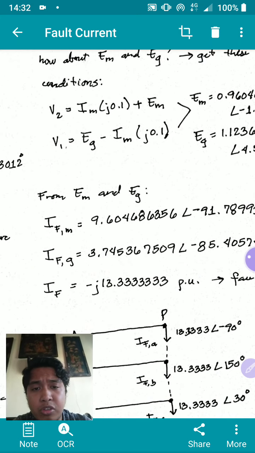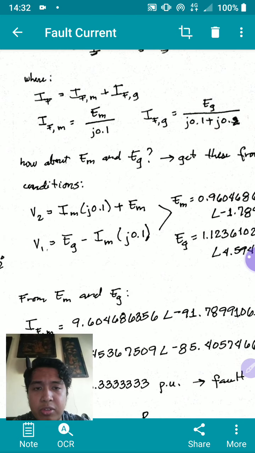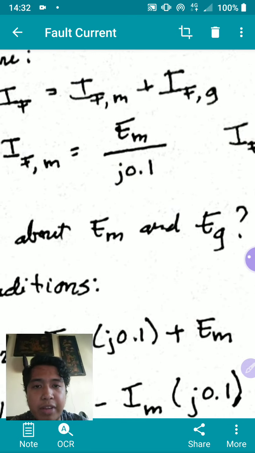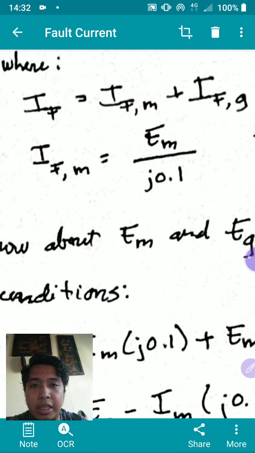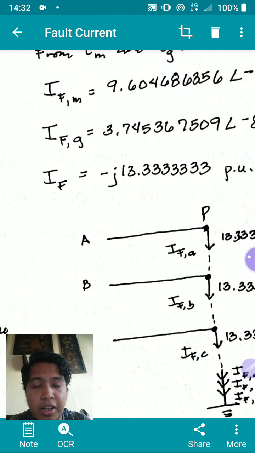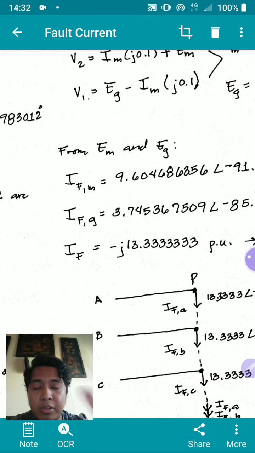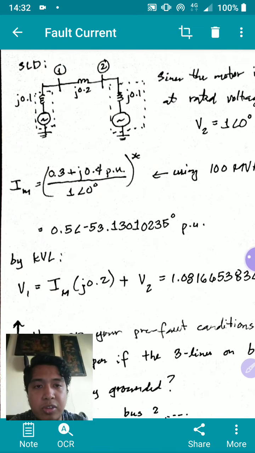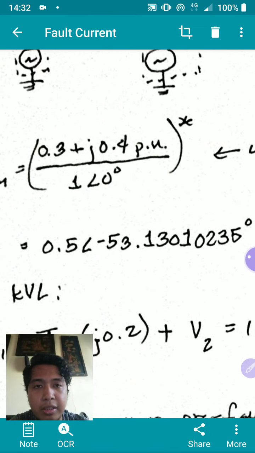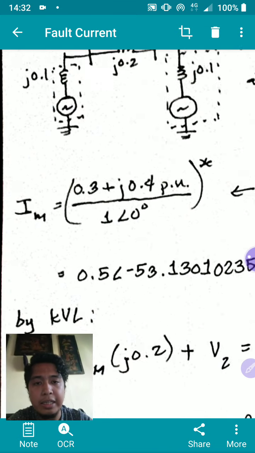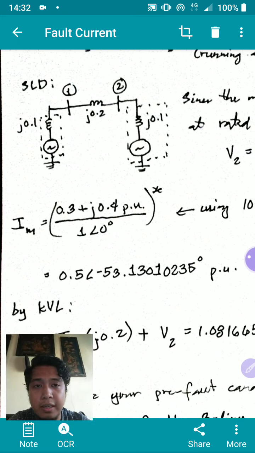Okay, so using EM and EG, we can get the values for IFM, IFG, and IF. So as you can see, let's look at the pre-fault. This is your line current, this is your motor current before the fault. This is 0.5 per unit.